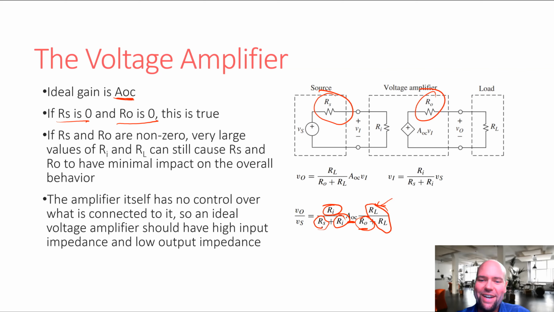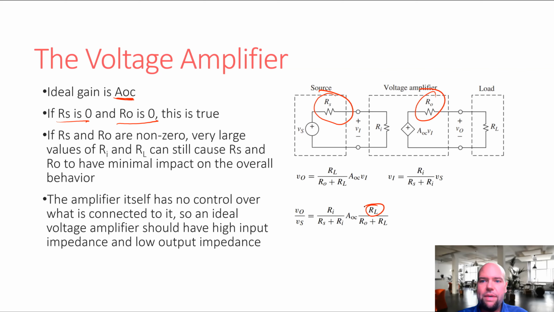who cares, right? So basically, if RI is very big, if that input resistance to our amplifier is very, very big, then the non-zero resistance of our source isn't as big of a deal. And similarly, on the other side of this expression, let's say RL is very, very big, like a billion, right?